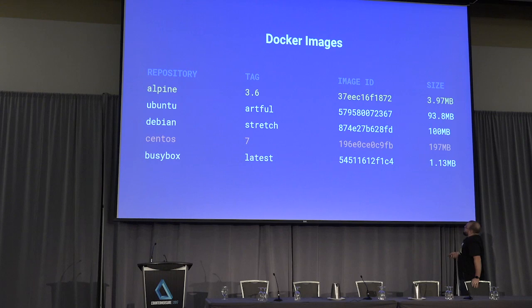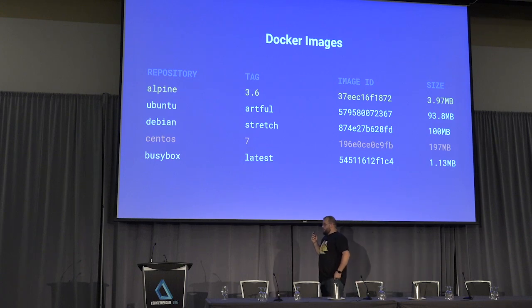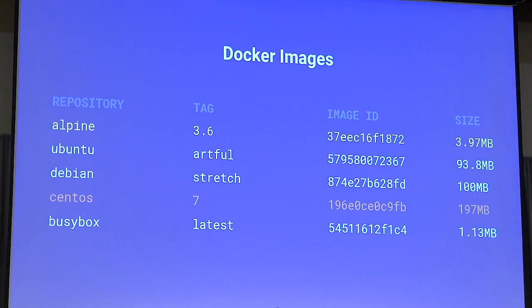Whereas if you start off with an Alpine, you're looking at about 4 megabytes, which is a huge difference when it comes to network throughput. When you start pushing and pulling these images, it becomes important. I would not recommend starting with BusyBox if you're new to containers, because you'll find that a lot of your binaries are not there, and this will give you some extra headaches.